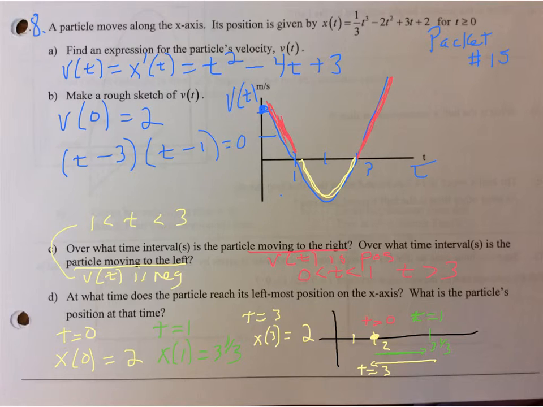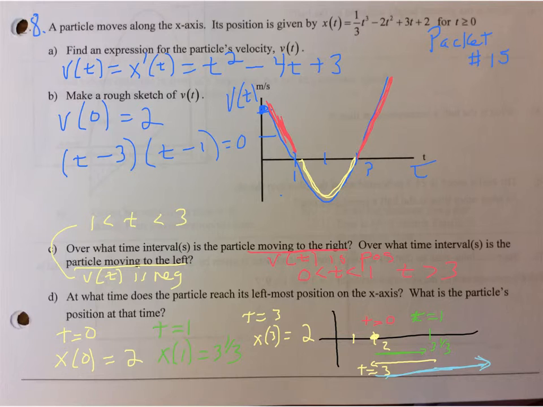The last part we need to consider, ultimately, is not going to affect us in answering this question, because at t equals 3, the particle is going to be moving to the right, as indicated by the velocity being positive. So at that point, the particle switches around again. Where it goes exactly, I'm not sure, but it keeps moving to the right.